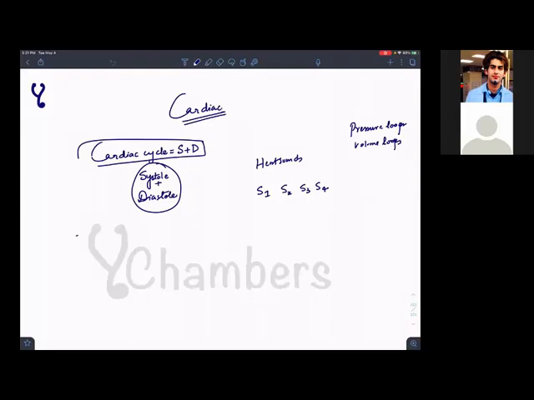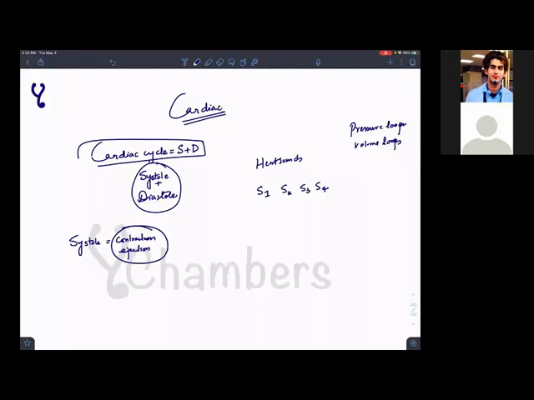So systole is contraction, ejection. Systole is the part of the cardiac cycle in which the heart is contracting and ejecting the blood.